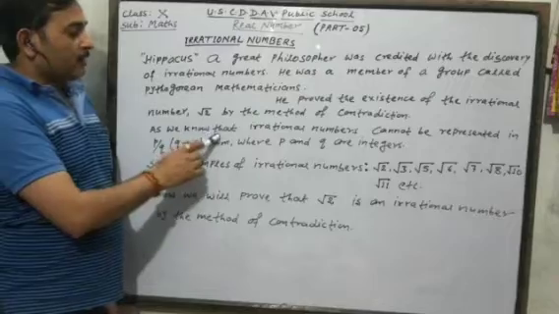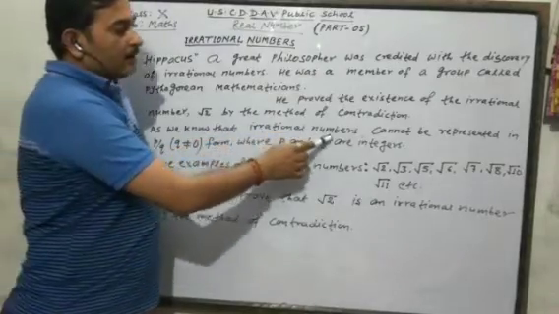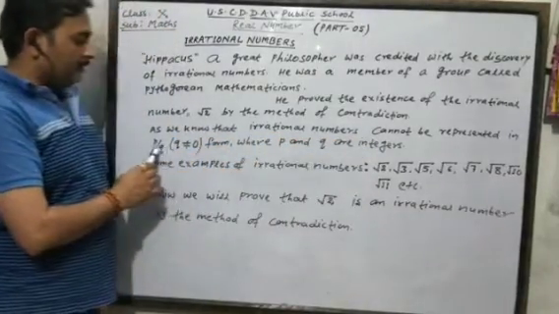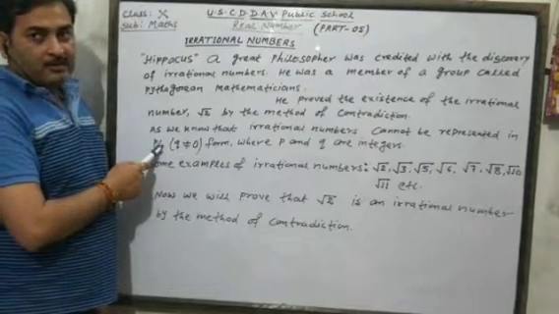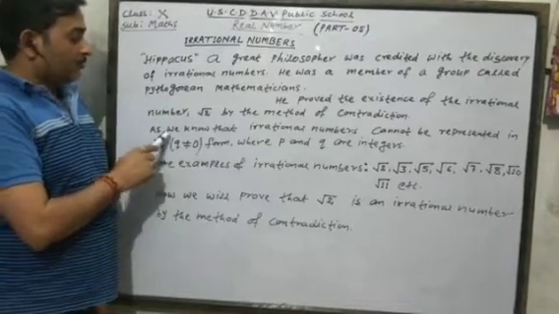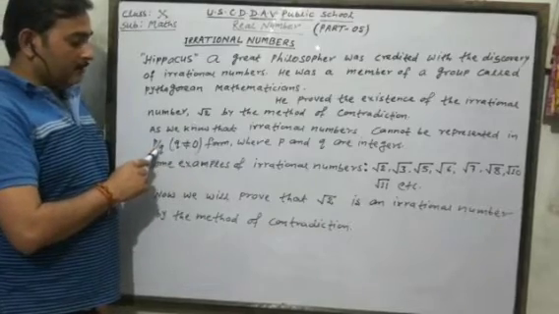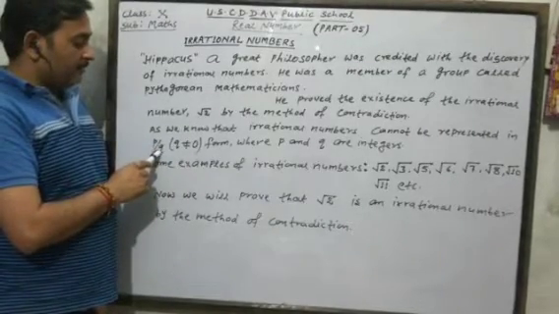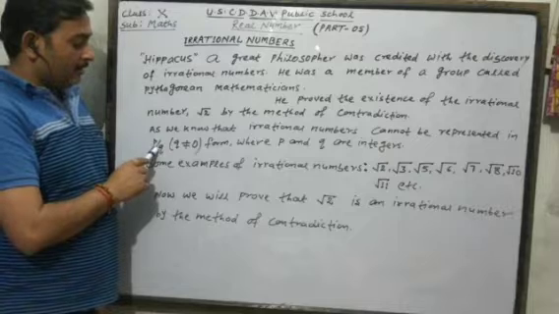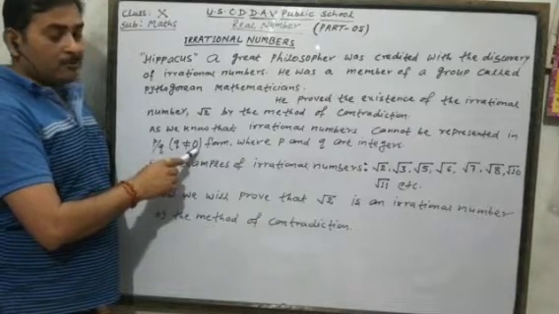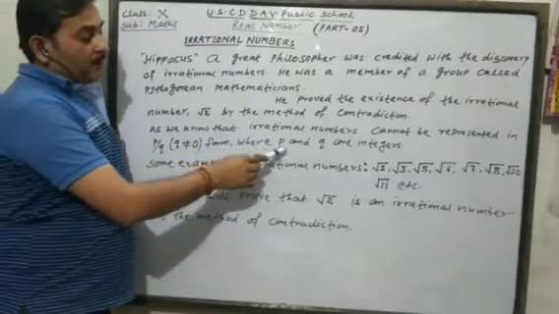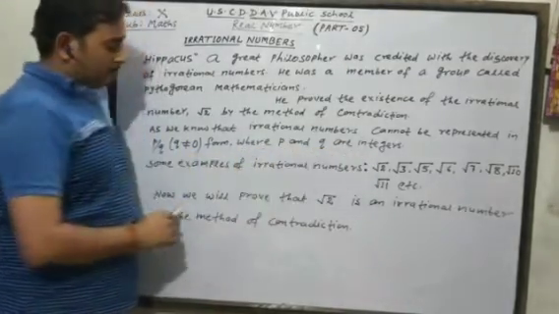As we know, irrational numbers cannot be represented in the form p by q. As we have already discussed, an irrational number can't be expressed in the form p by q, where q is not equal to 0 and p and q are integers.